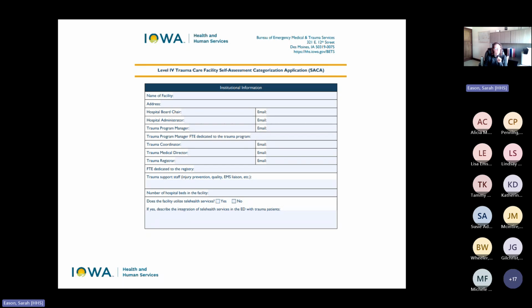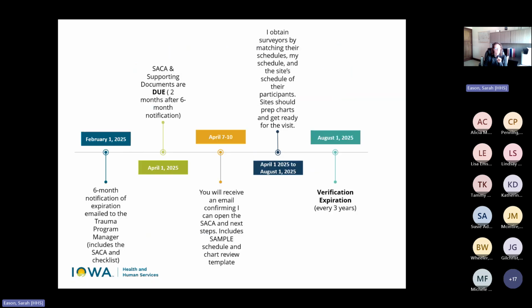At the end of the SACA is a laundry list of supporting documents. So you'll hear me say SACA, and sometimes that's just being all-inclusive of your application and your supporting documents. But again, the supporting documents that you need to turn in are going to be on a laundry list at the back of the SACA, and we'll go over that because we're going page by page of the SACA today in case there are any questions.